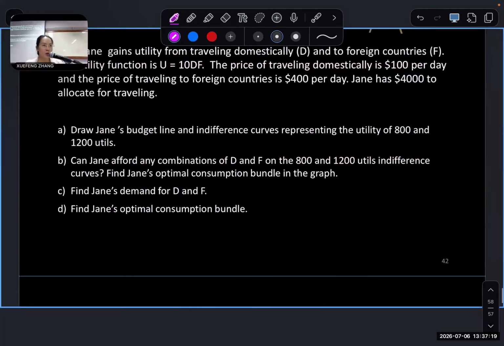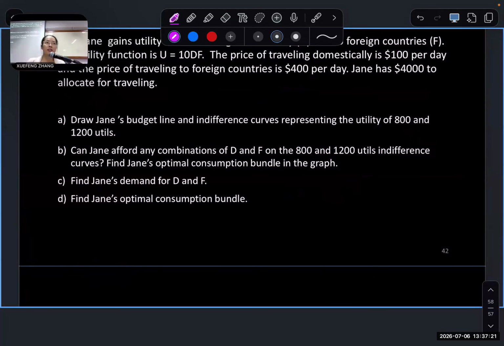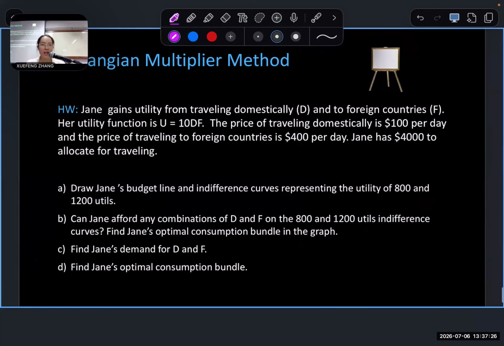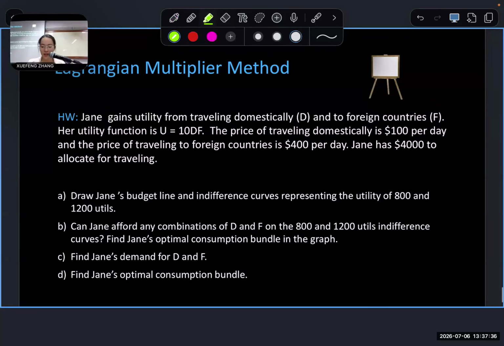Okay, here's the homework. I think all of you are done, but let me help you with this one because I asked you to use Lagrangian, right? So I'm going to show you how to write the Lagrangian. Here we have the utility function, which is our objective function, right? And according to the information here, what is Jen's budget constraint?